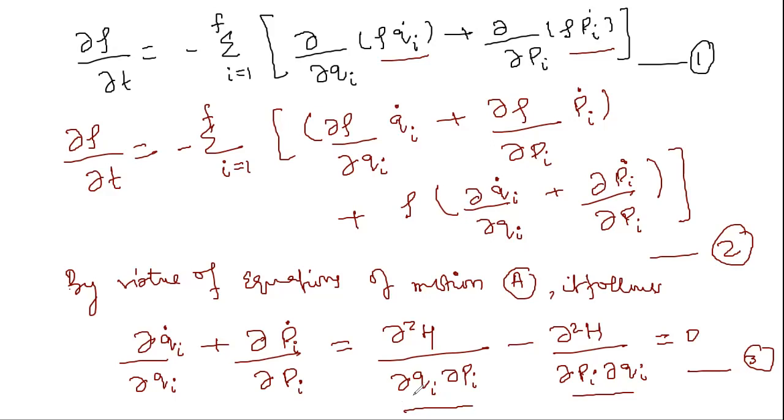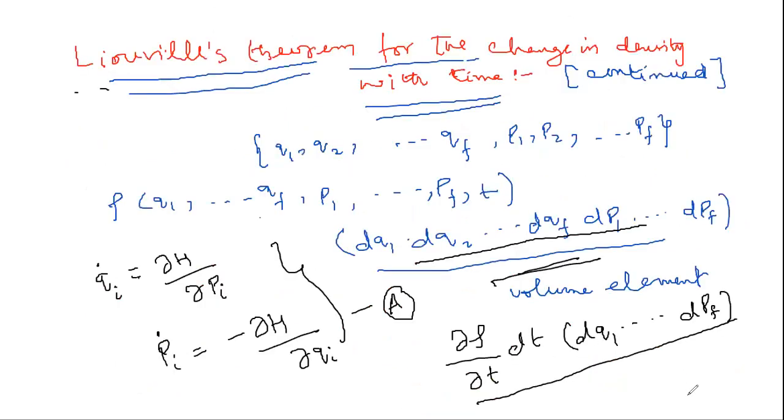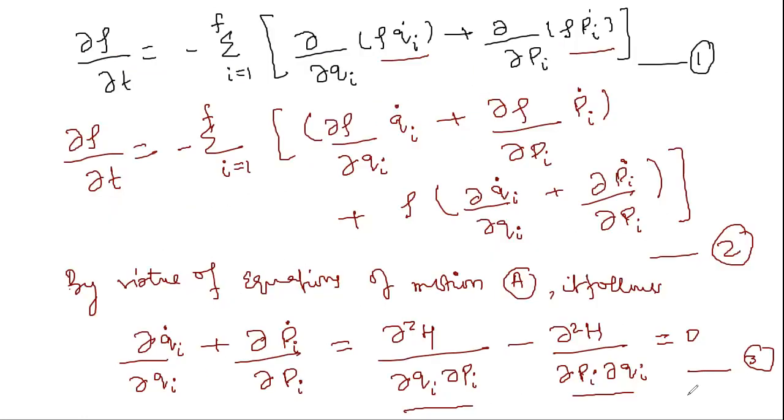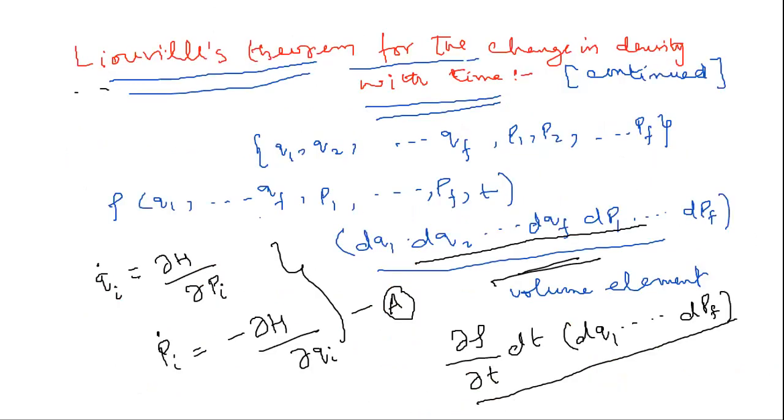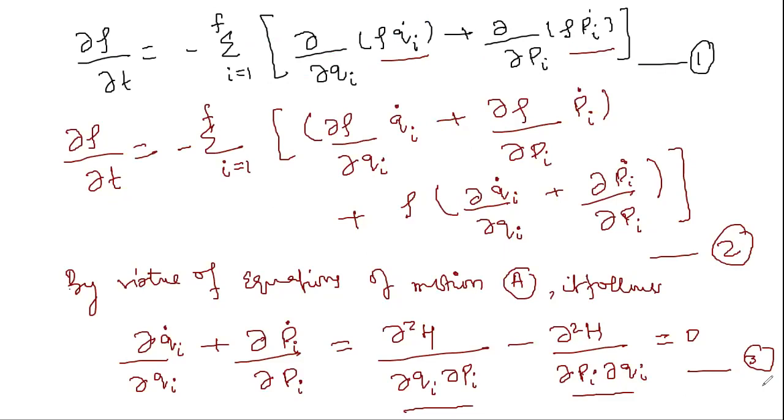We use the Hamilton equations, because ∂/∂q_i of q_i dot, where q_i dot is ∂H/∂p_i, is the first term. And the negative comes from ∂/∂p_i of p_i dot, which according to Hamilton's equations is minus ∂H/∂q_i. So we reach it here, right?